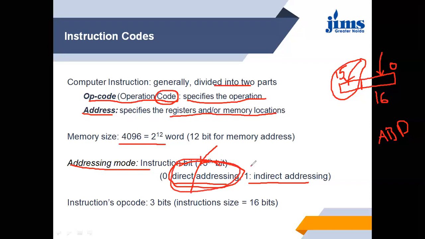In indirect mode, we cannot get the data directly. Suppose this is a memory P and this is a memory Q. The main data or opcode we get from the location whose address is stored over here.